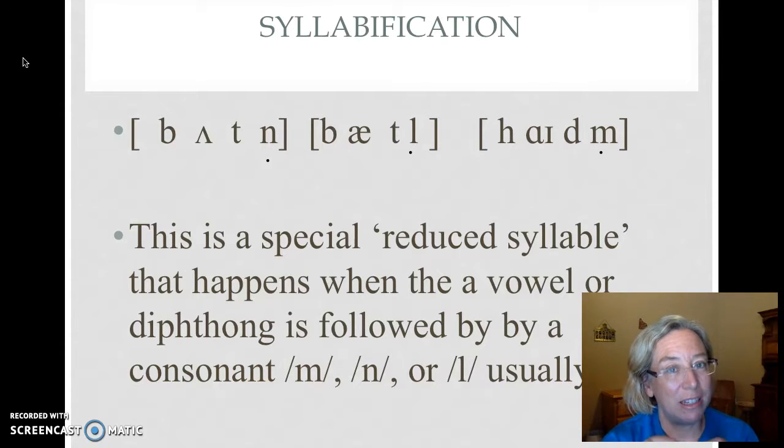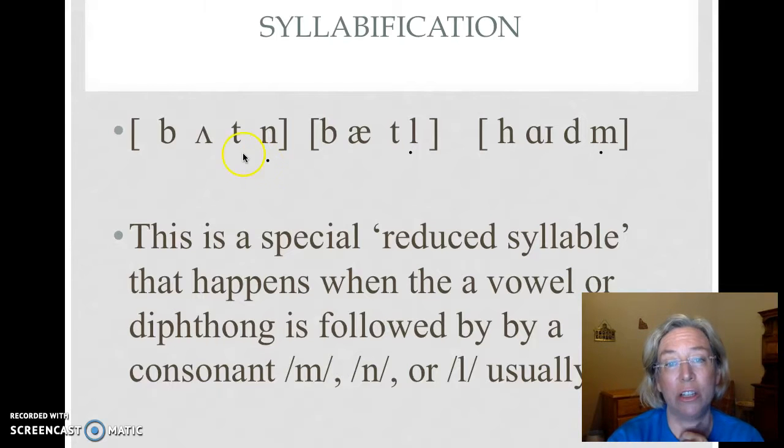Usually that consonant in this example is going to be an M, an N, or an L. So this happens in the word button. And so you've got this very quick transition between the T and the N, button, and there is no vowel between that pronunciation.